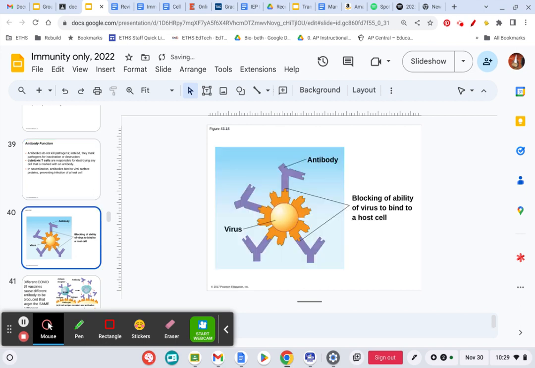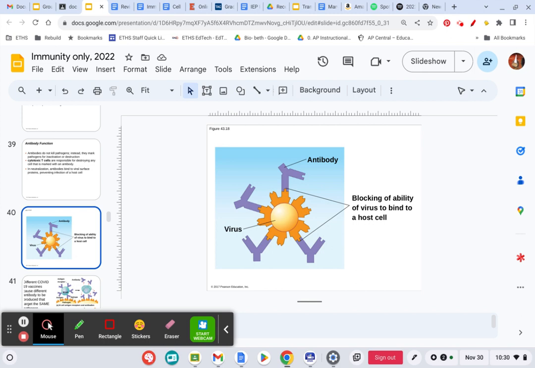If this is a pathogen, this is a virus here. They're saying it's a virus anyway. The antibody can attach to the receptors located on the pathogen. And when they do that, now their receptors are bound up with the antibodies. Because they're bound up with the antibodies, they can't attach to a host cell. They can't attach to your body because they're blocked.